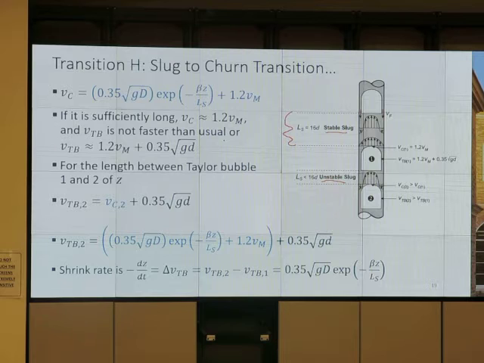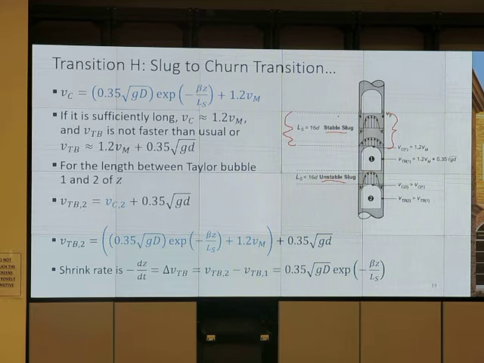You got the idea? So the question is, what is the length required to have both bubbles move at the same speed? Experimentally, it's 16 diameters, right?